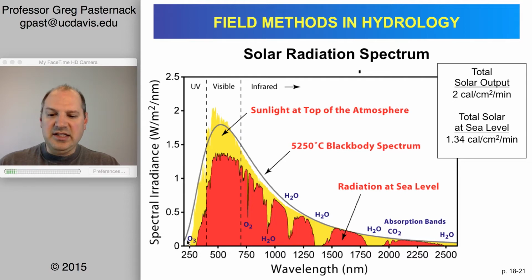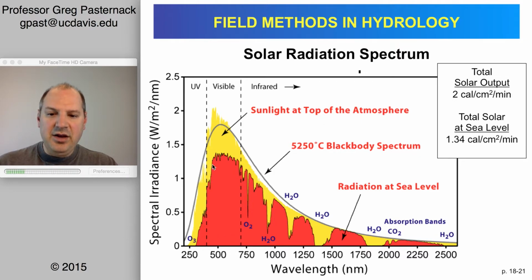If we look at the distribution of that energy by its wavelength, and this is something you may have seen if you've taken a remote sensing class, you can see in the yellow that distribution, and you can see the range from ultraviolet to visible to infrared light.